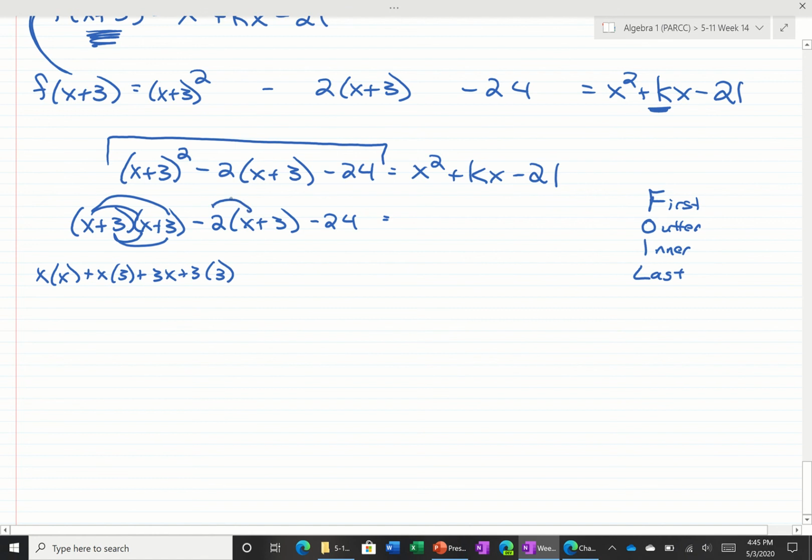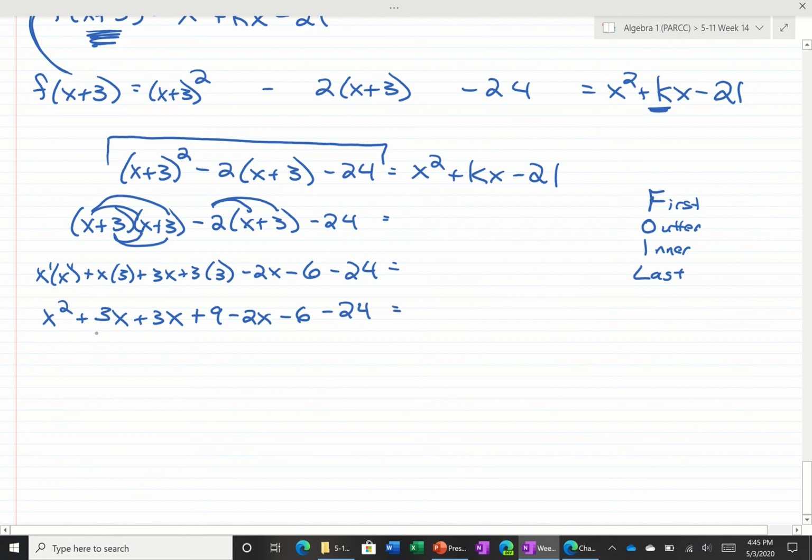We're going to do negative 2 times x and negative 2 times 3. Now x times x, the bases are the same. We add the exponents. 3 times x, 3 times x. 3 times 3 is 9, minus 2x minus 6, minus 24.